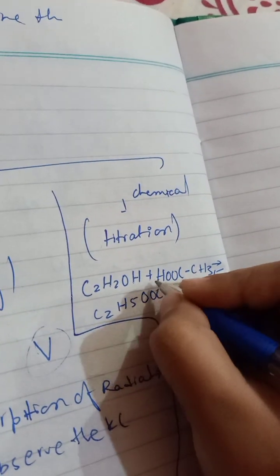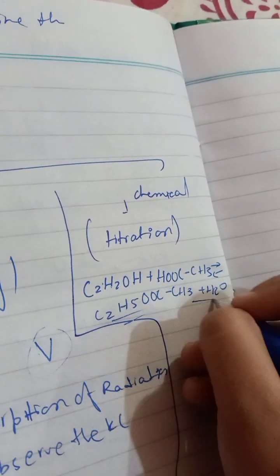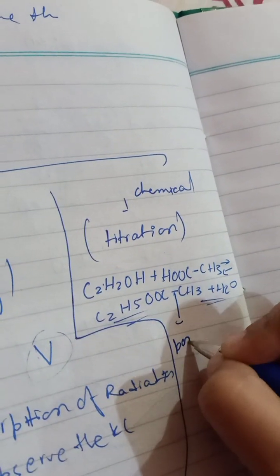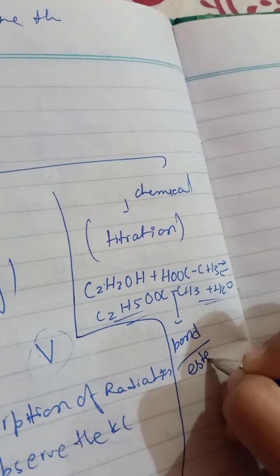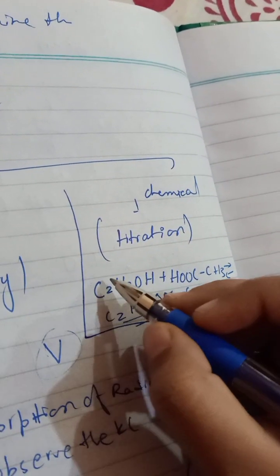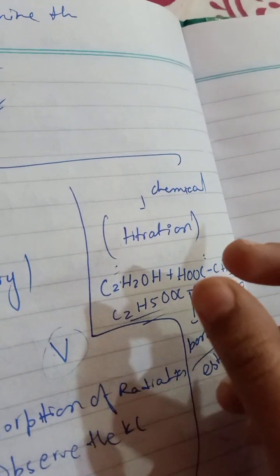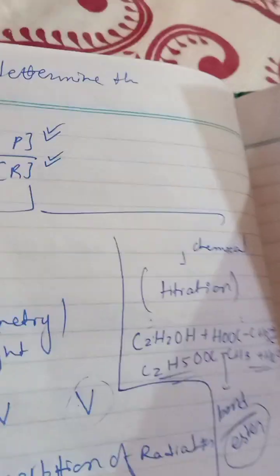This H will react with this, and this will react with this. This is the product. What is this bond? This is the ester bond. What is an ester bond? An ester bond is basically the bond formed when alcohol and acid combine into the product. We call that an ester bond.